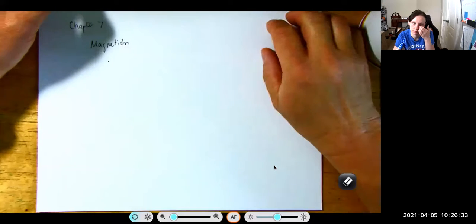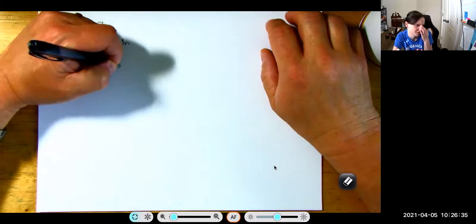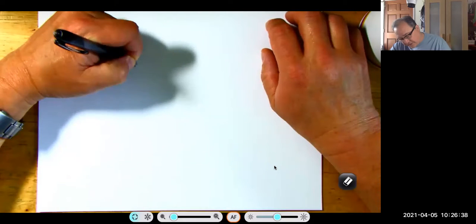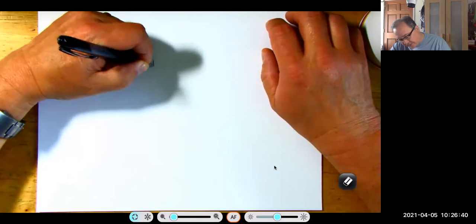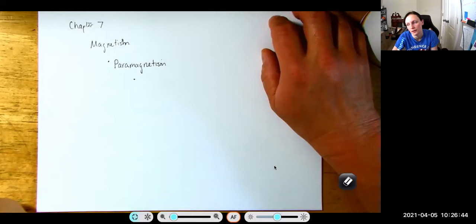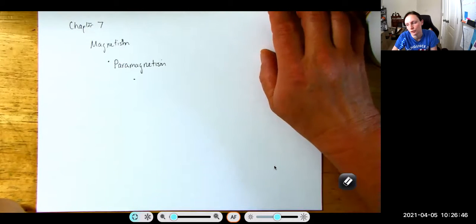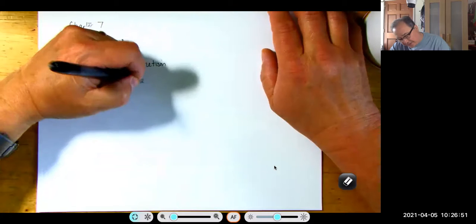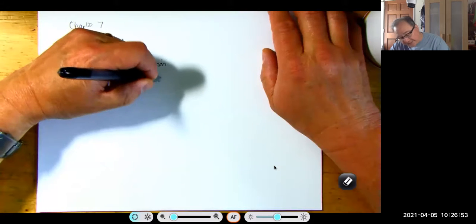Para, dia, ferro. I don't know. Right. So tell me what paramagnetism means or what it is. Unpaired, and they attract. Attracted to a magnet. That's what it is.